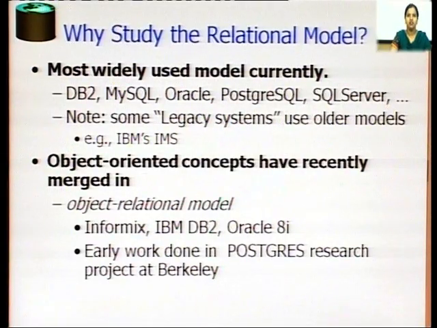And the other advantage is the object oriented model, where all the real world problems are easy to model into object oriented concepts. So for this object oriented model, there are Informix, IBM DB2, Oracle 8i, and nowadays 9i, 10i is also available, which help to do things in the object oriented or object relational models.